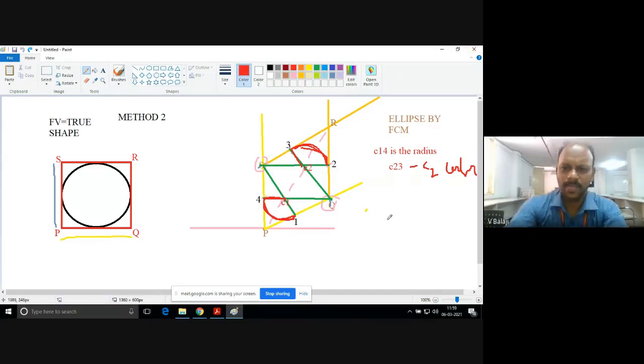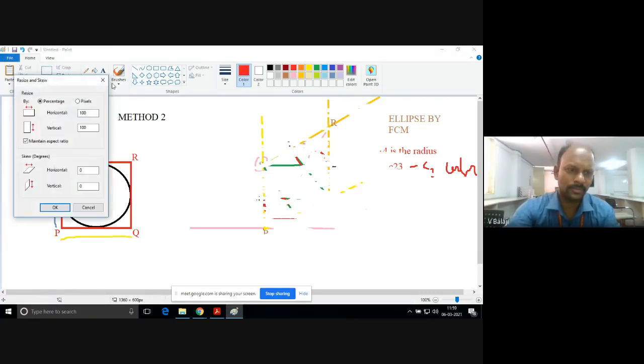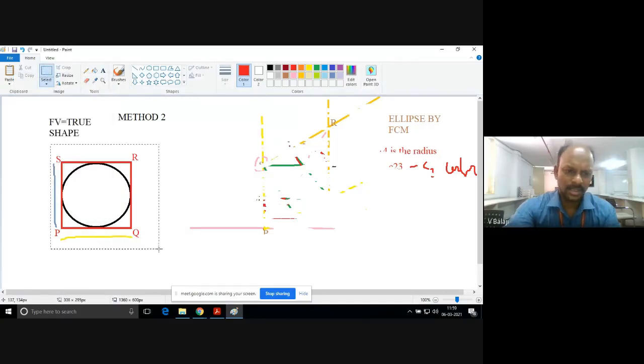See, initially I have taken this 30 degree line to the right hand side in this way, right? But if you draw to the left hand side, then what happens? Let us see. I will erase this one. Otherwise, I will take a new one.